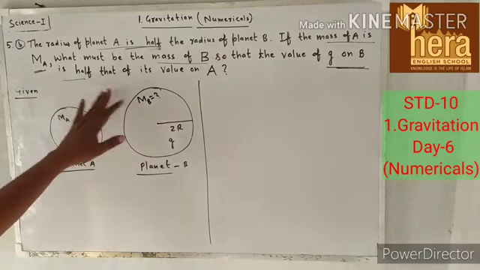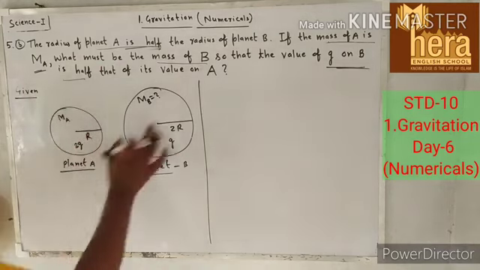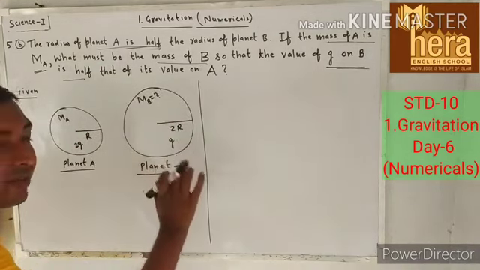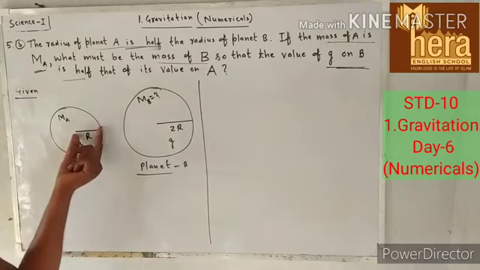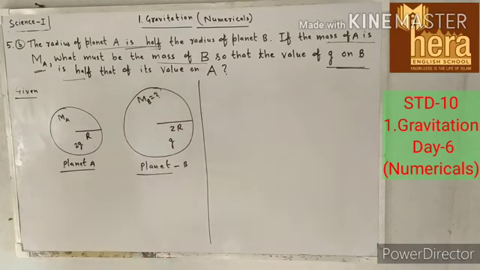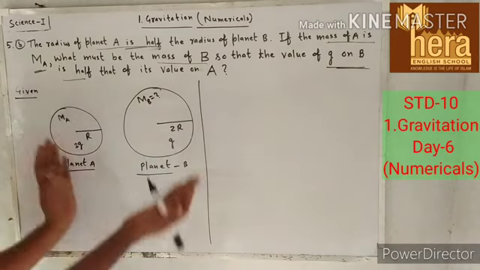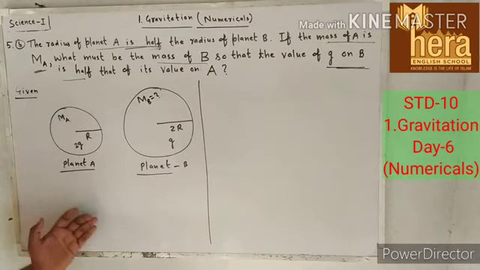Okay, this is the diagram you have to make in given. This is a smaller planet, this is a larger planet. The reason is the radius is half of planet B. That's why this is smaller, this is larger or bigger. Okay, given. In this type of questions, the method is same.